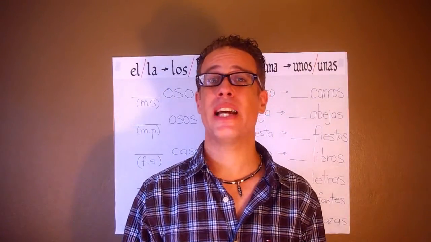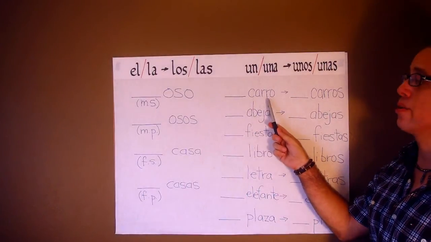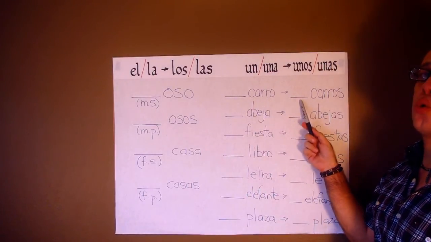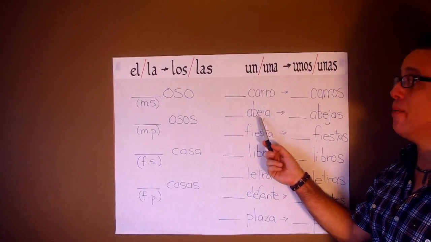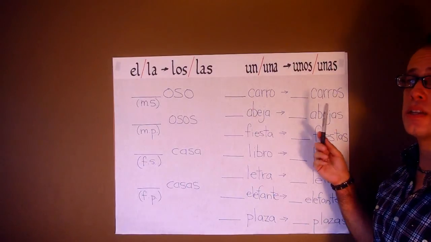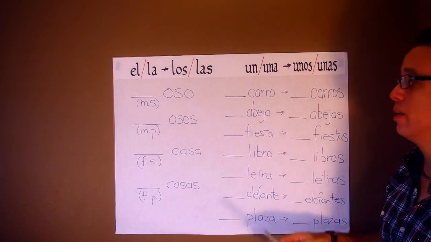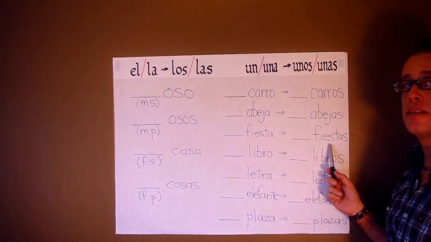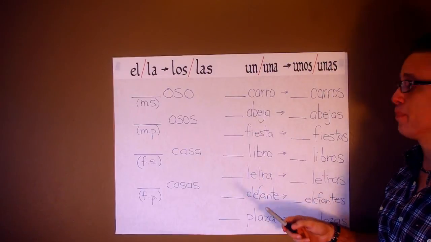Okay, so let's review the answers. The answers would be un carro, a car. Unos carros, some cars. Una abeja, a bee. Unas abejas, some bees. Una fiesta, a party. Unas fiestas, some parties. Un libro, a book.